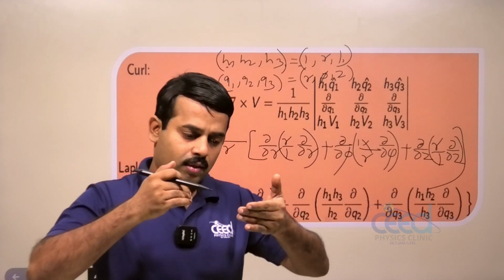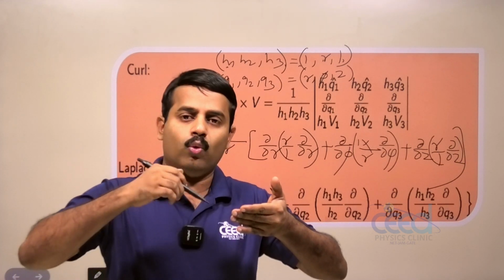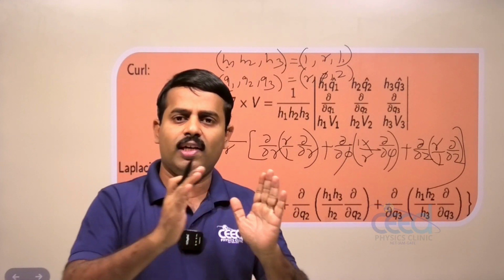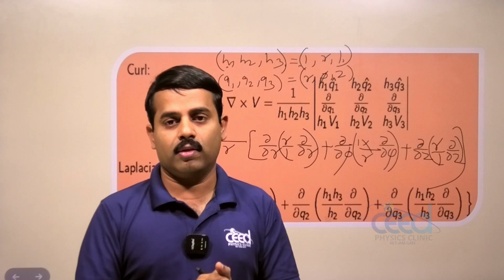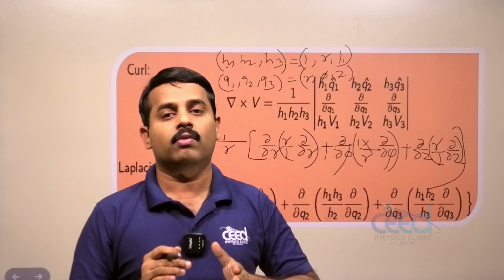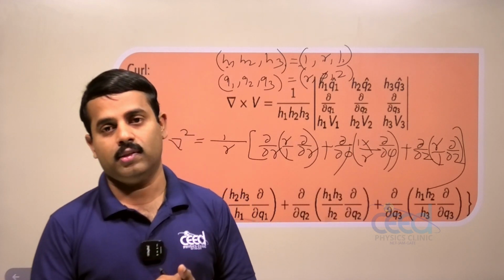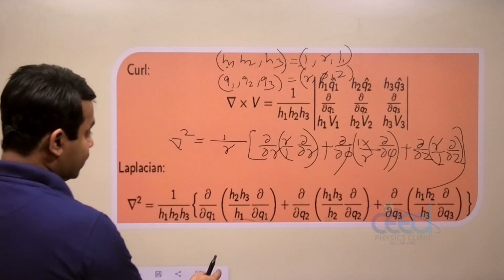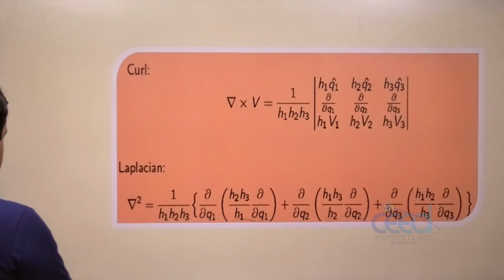Now write this notation and get more experience, then definitely you will remember this pattern. When we do problems in electrodynamics, we must require all these operators. Now we can summarize whatever results we have studied.